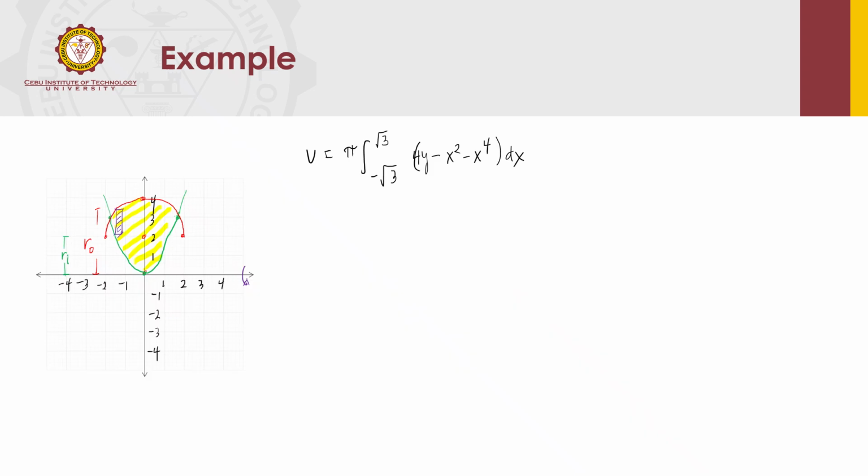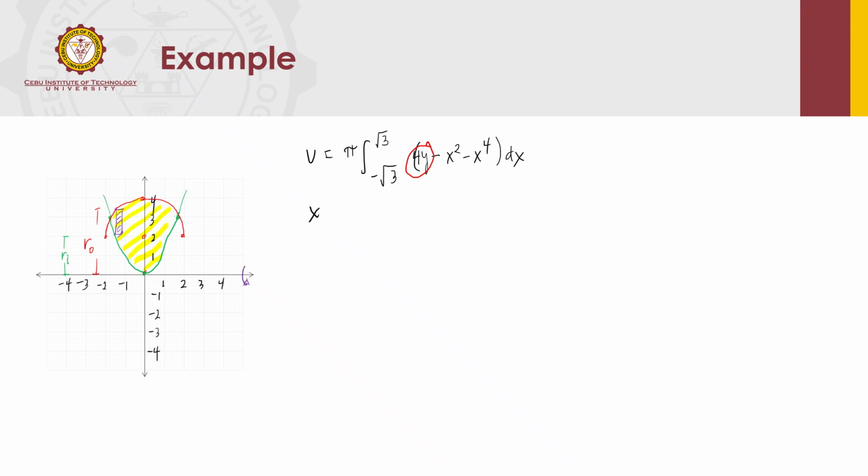So from the previous slide, I made a mistake here. It shouldn't be 4y minus x squared, because the variable is x, so there's no y term here. So the equation for the given circle, we write it here.